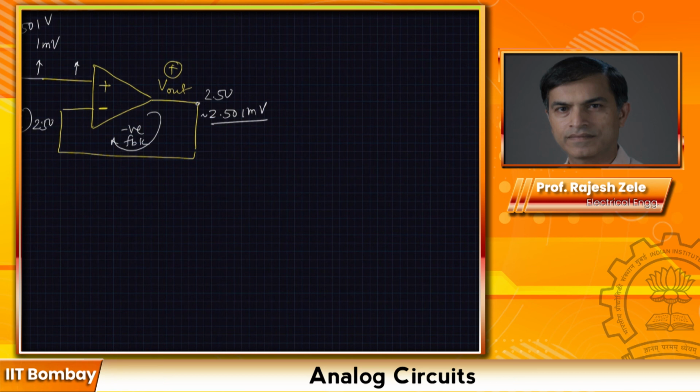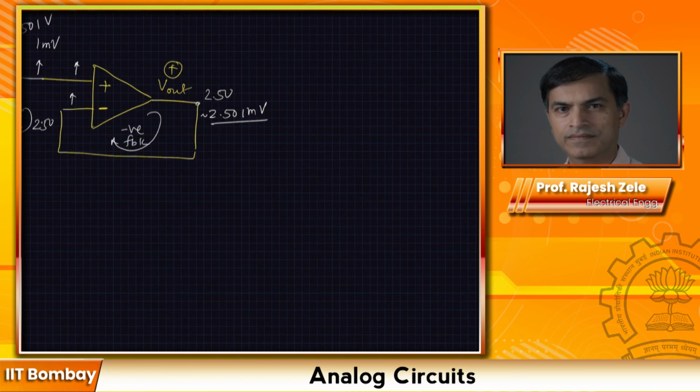You can see now, since this went up along with it, the difference between the two terminals VP and VN still stayed 0 or close to 0, and as a result this circuit is at a stable operating point.